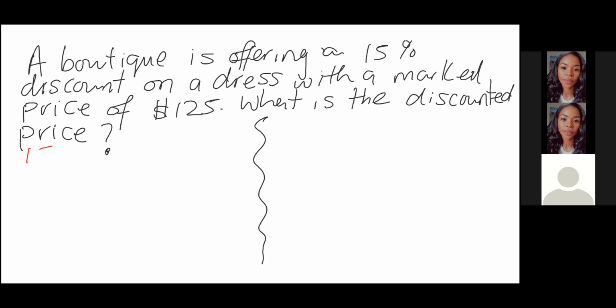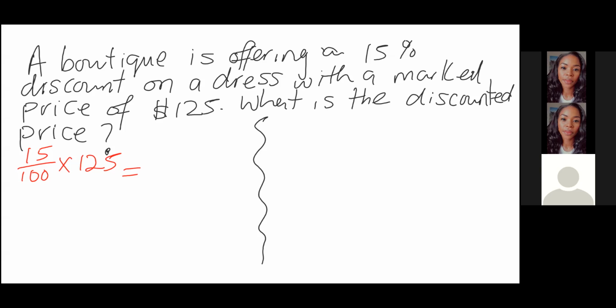So you could work out 15 over 100 multiplied by 125, right? Which would be 0.15 multiplied by 125, which is 18.75.